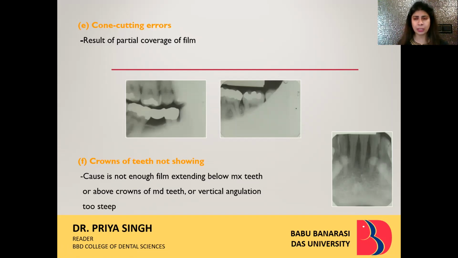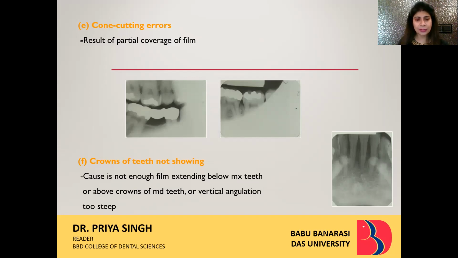Crown of teeth not showing. Most of the time when we are taking an intraoral radiographic image, it's usually the root region and periapical region, which we have not seen clinically, that we are emphasizing. But for an incipient carious lesion, or for pathology where the coronal aspect is not identified, maybe a proximal carious lesion, incipient in origin, or even if deep, involving the coronal aspect, the crown has to be seen in totality.